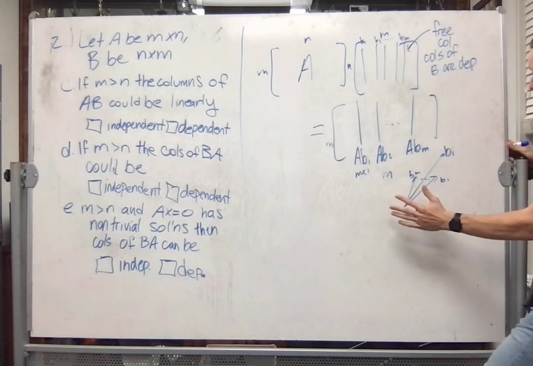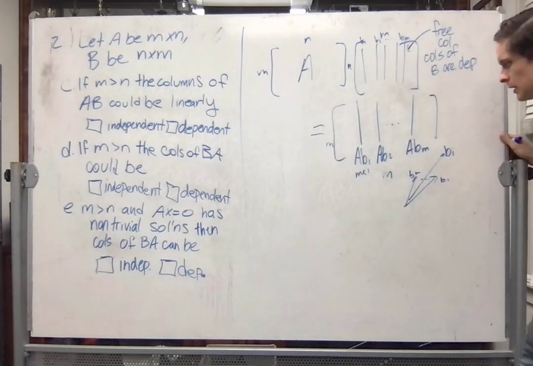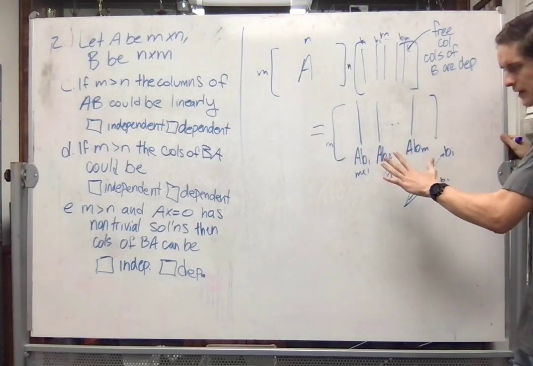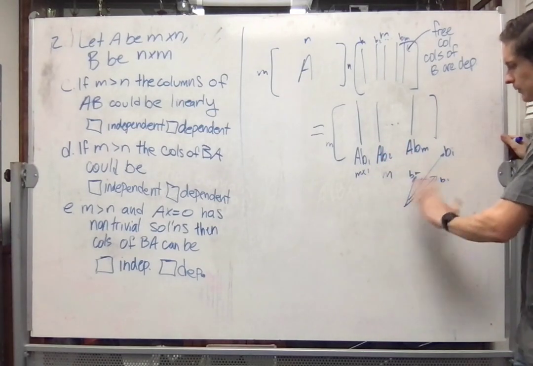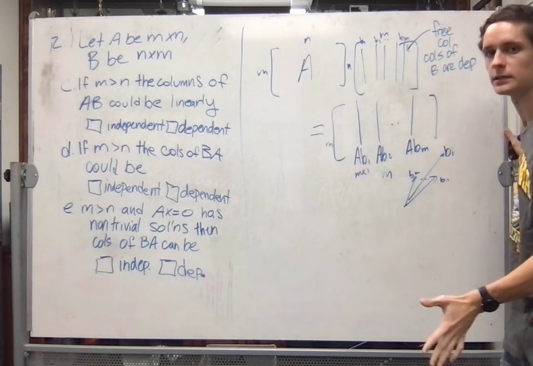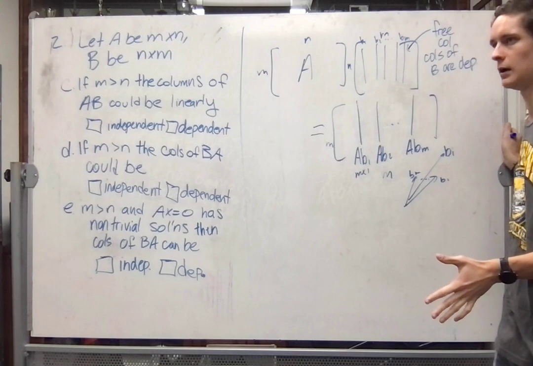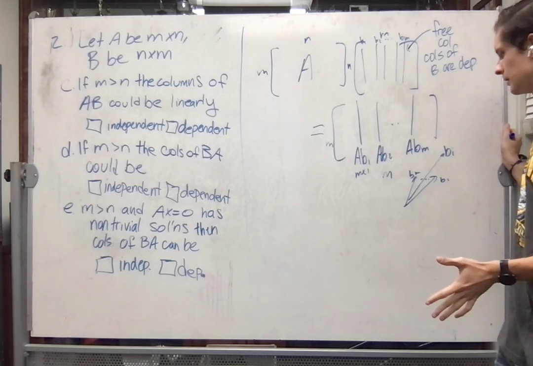But when we multiply A by each of them, is it possible that they could all land in an independent way, where they're no longer a linear combination of each other?